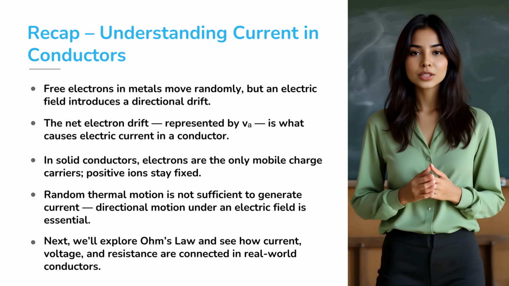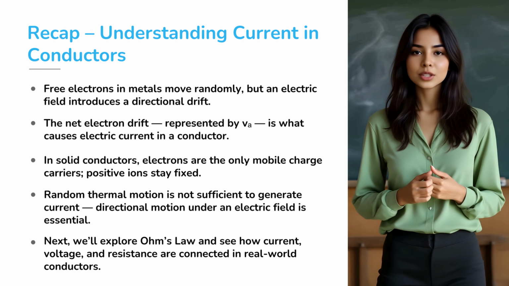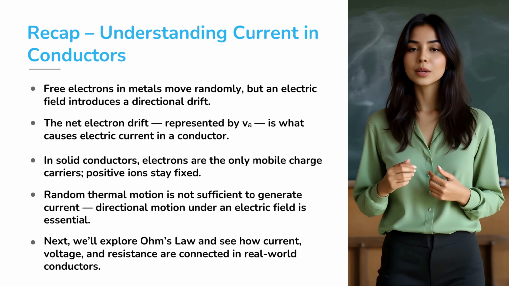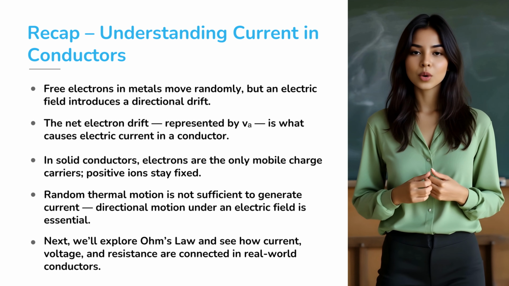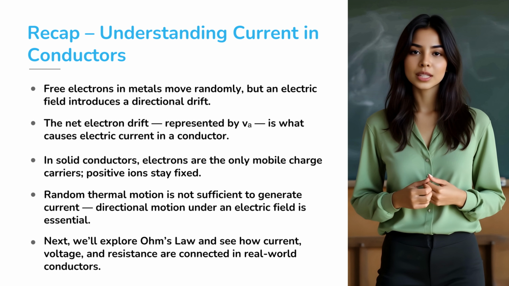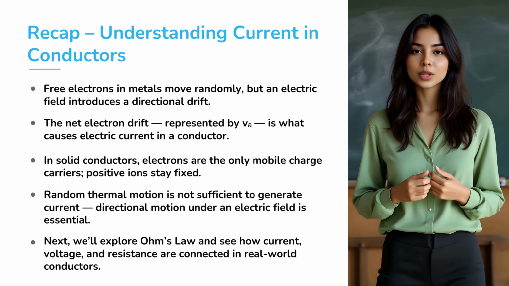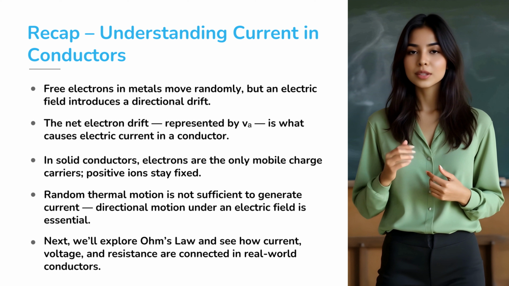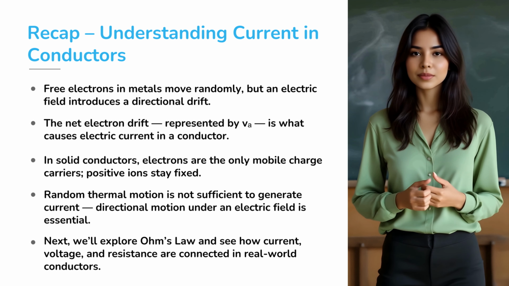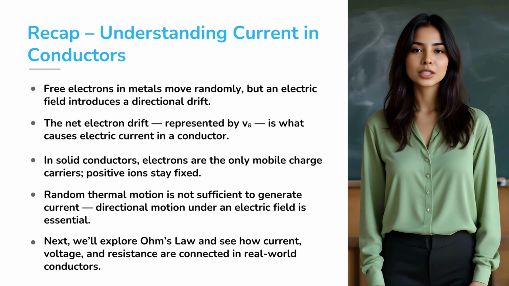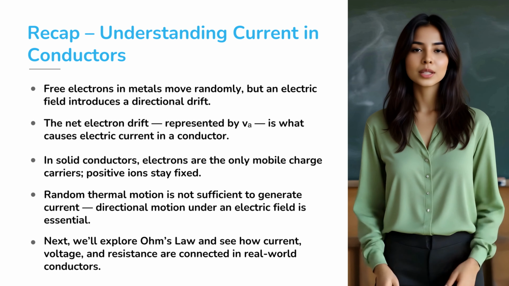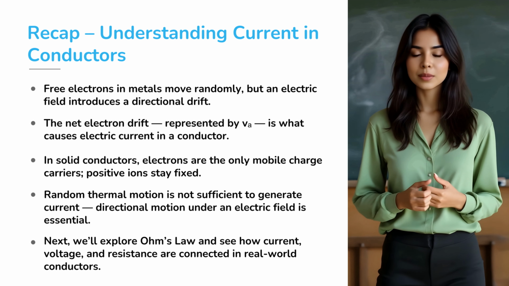In solid conductors, only electrons carry current. The positive ions remain fixed. Although each electron moves slowly, the entire circuit responds quickly because the electric field travels almost instantly. We calculate drift velocity using the formula v sub d equals I divided by n times A times e.